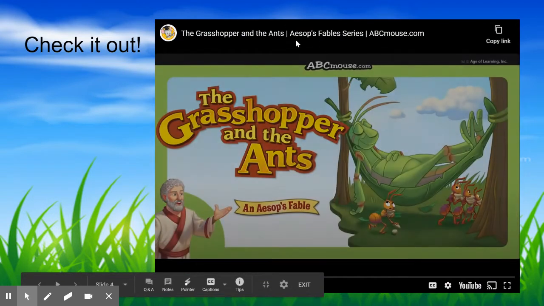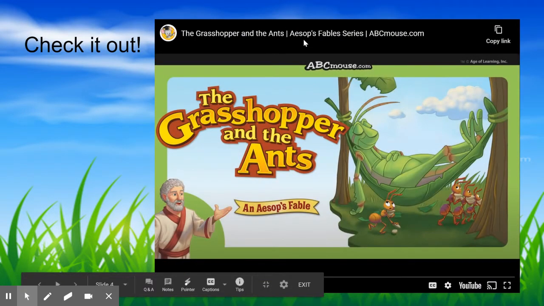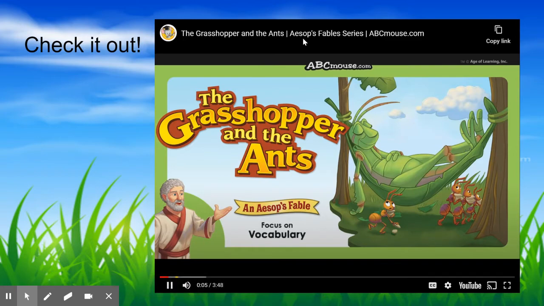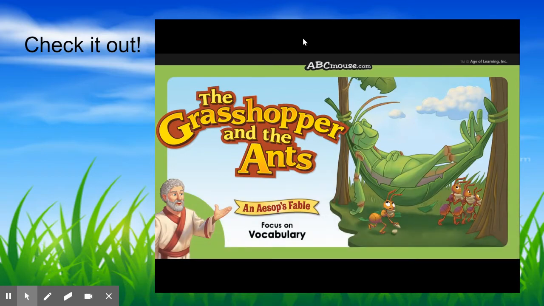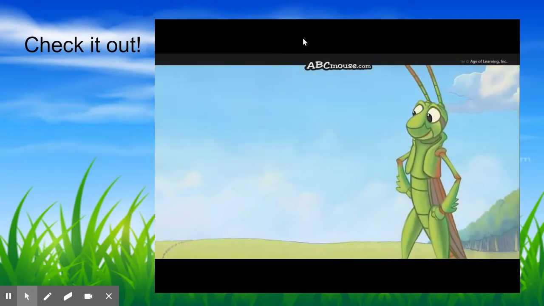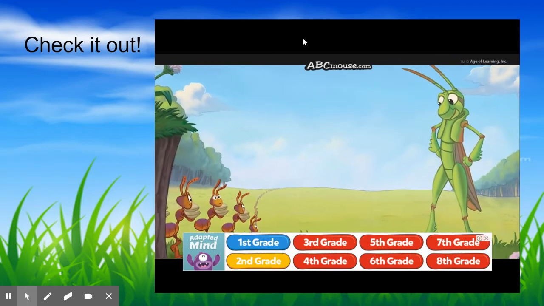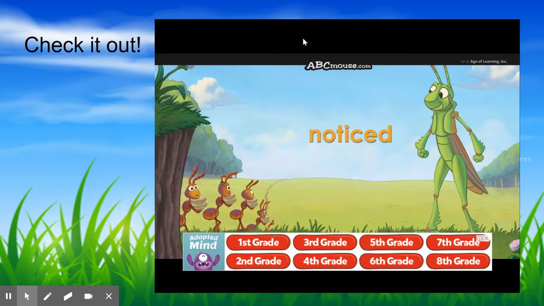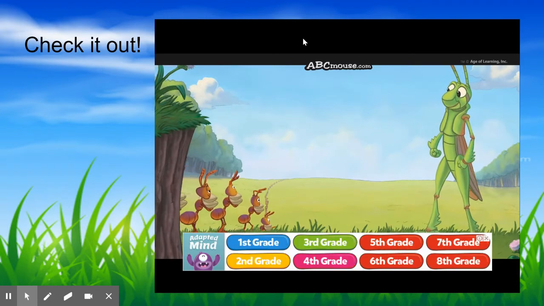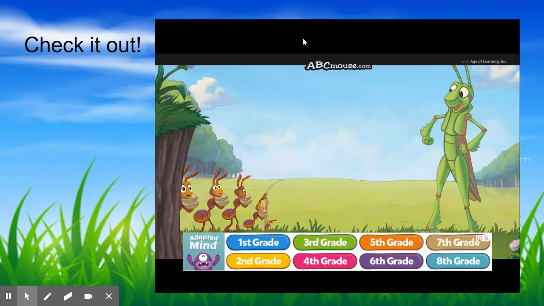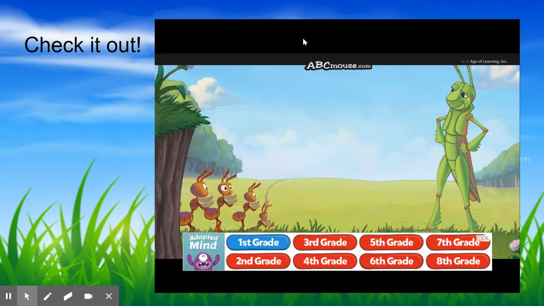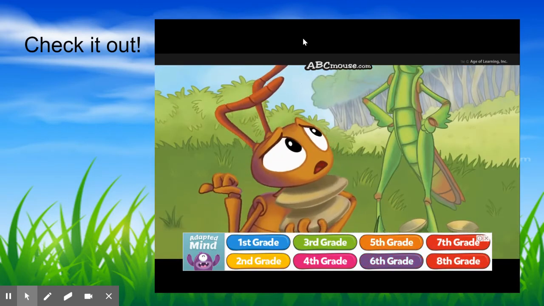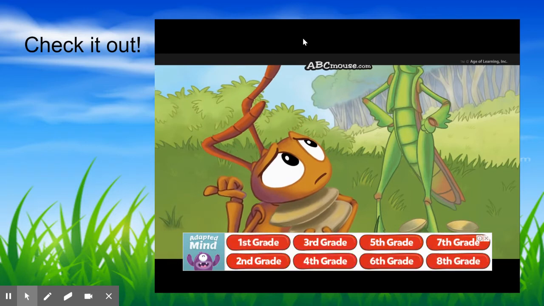The Grasshopper and the Ants, an Aesop's fable with a focus on vocabulary. One warm spring day, a grasshopper was playing in a grassy green field when he noticed a line of ants marching along carrying some seeds. "Where are you going with that big load?" the grasshopper asked one of them. "We're taking these seeds to our nest," squeaked the ant.